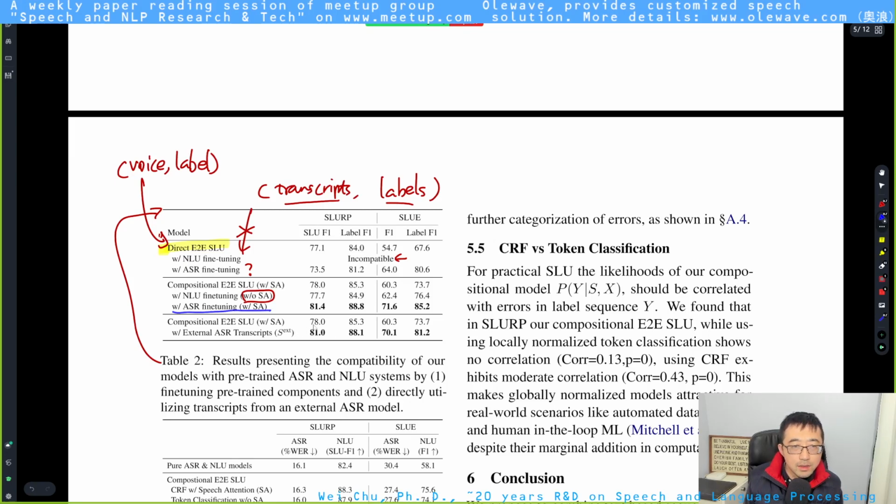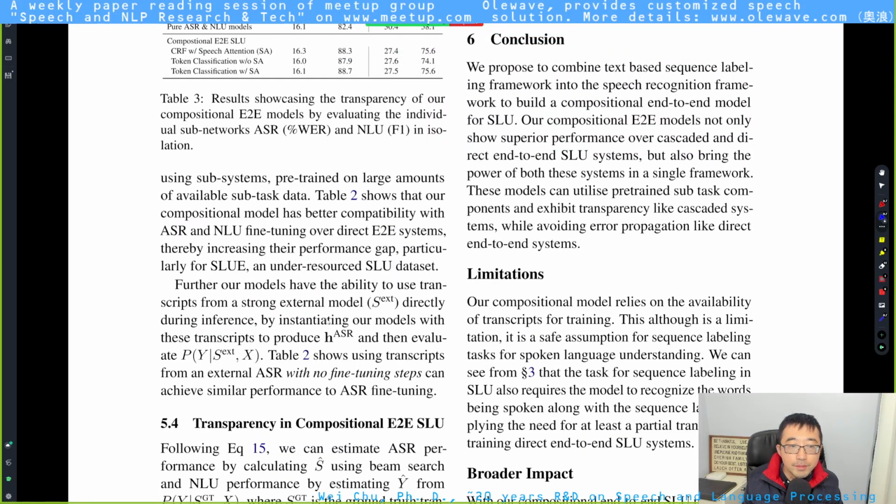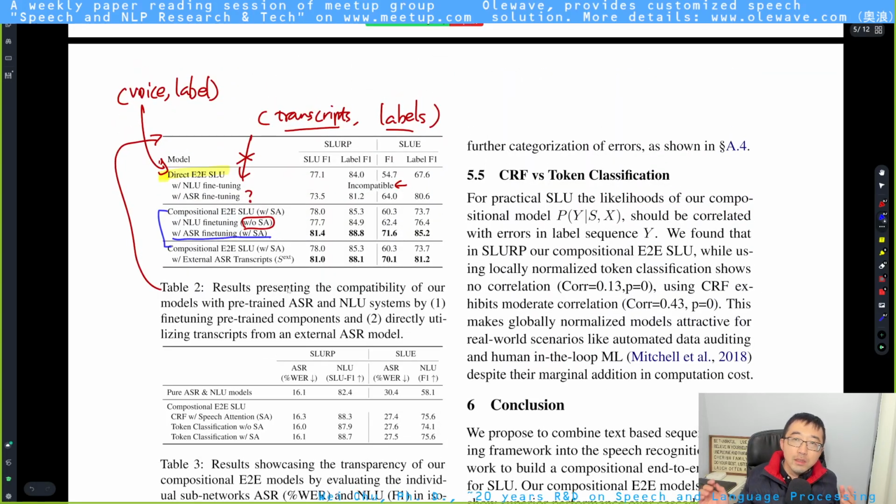And then the next is interest. Well, they copy the line again. Or what they mentioned about the external ASR transcript, they meant, they say, so the current ASR model they train in this network is just using the SLRP or SLU data set.